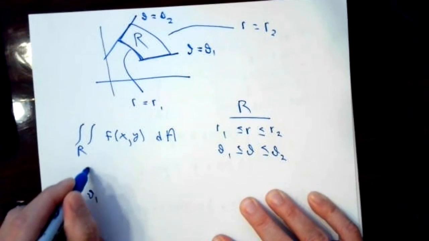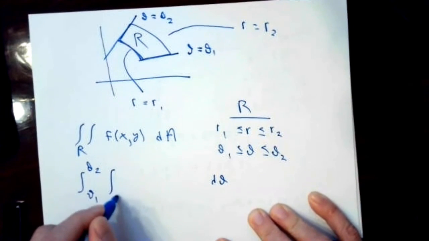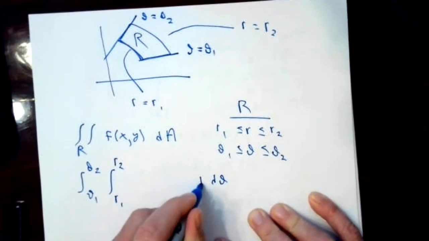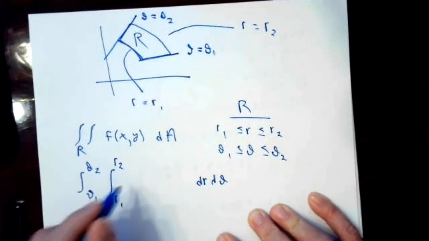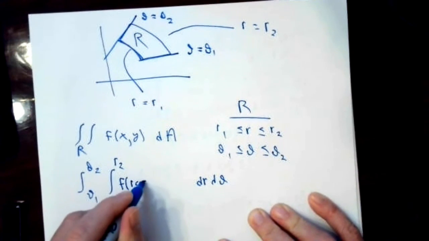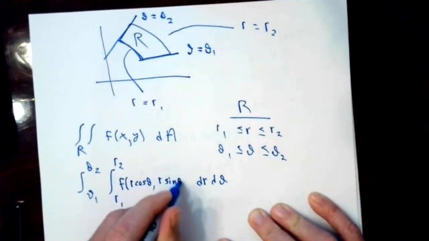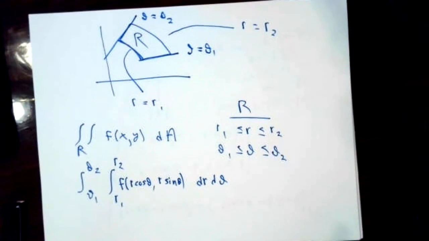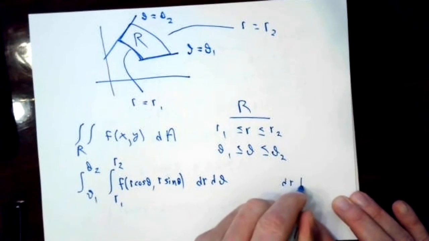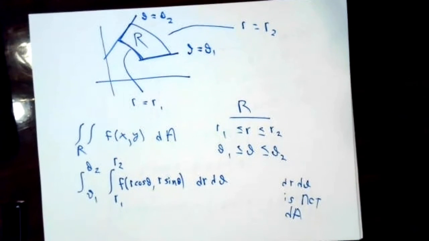Integral theta 1 to theta 2 d theta, integral from r1 to r2 dr. The thing I'm integrating is f evaluated at x and y. x is r cosine theta, y is r sine theta, and I've almost written the correct iterated integral down, but dr d theta is not dA because of what we talked about previously.